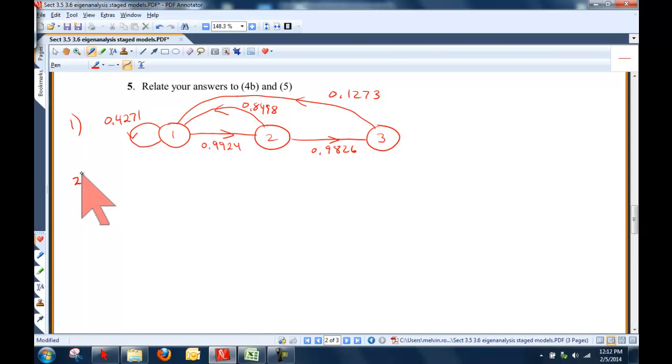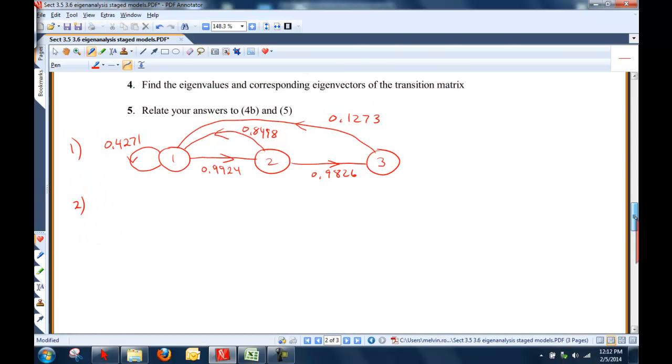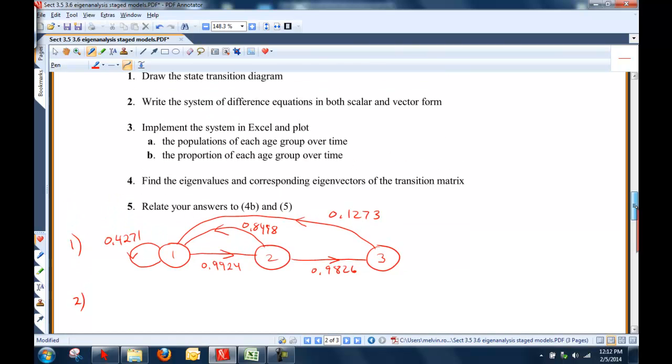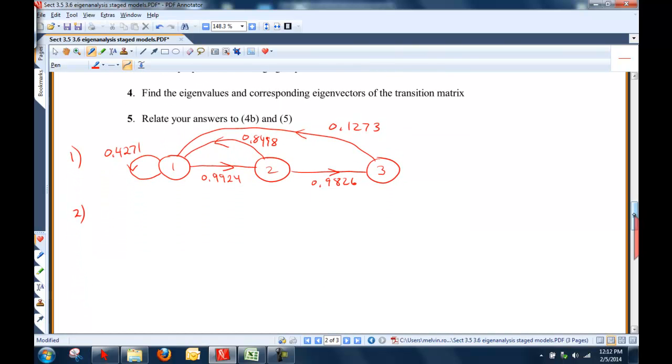So number 2 asks us to write the difference equations in both scalar and vector form. Let's write the scalar form, although I'll use vectors and matrices even to do that. So we're going to write a 3 by 1 equals a 3 by 3 times a 3 by 1.